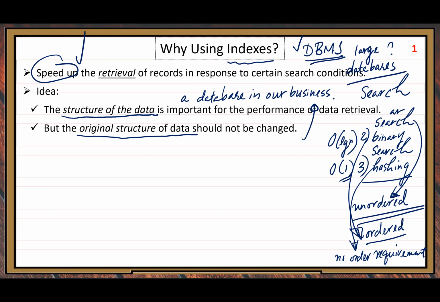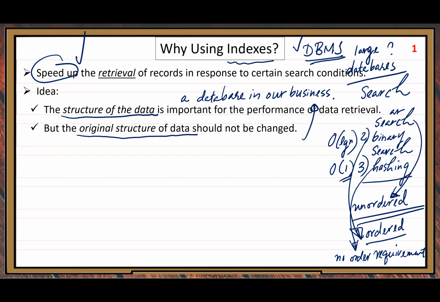So here the situation, you can see, we want to speed up the search operation on our data in the database without changing the original structure. That's the requirement. If we change our structure, even if you can make the search faster, you may put some negative impact on your business data.